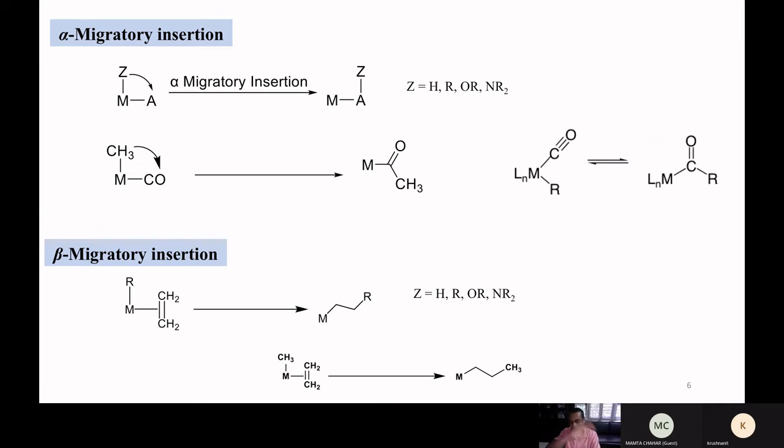And we have seen alpha migratory insertion, where things at the alpha position are moving, not at the beta position. But we have also seen beta migratory insertion, where things at the beta position are moving.